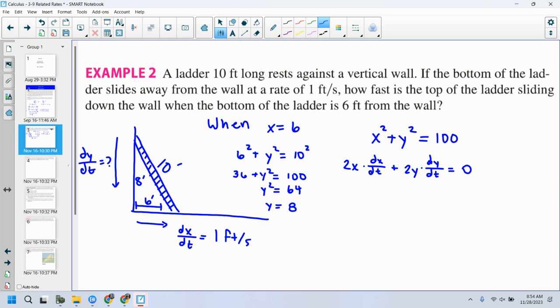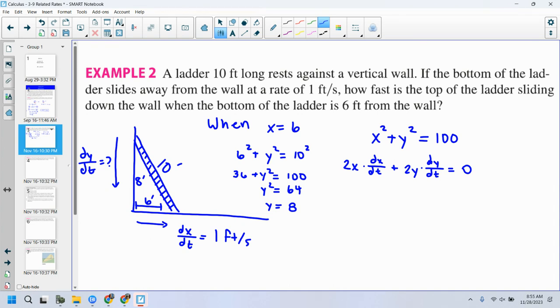Okay, now, because think about it, is there any rate of change for that 10? Is my rate changing for my hypotenuse? No, my length isn't changing, it's fixed, right? It's a constant. That's why it doesn't equal anything. That's why it equals 0. Okay, now, oh, that's right. We need to solve for dy dt. Let's solve for dy dt over here.